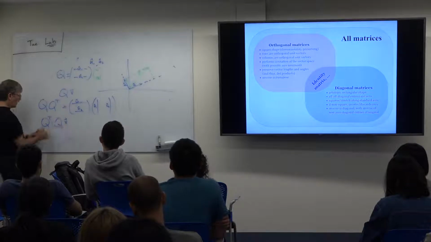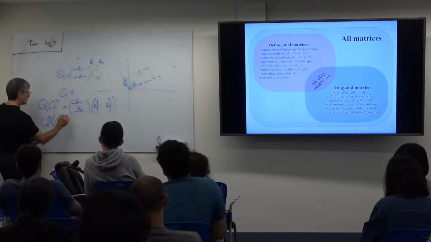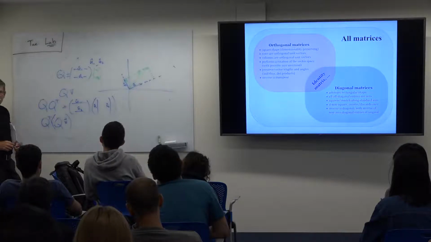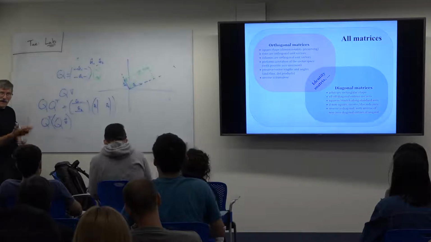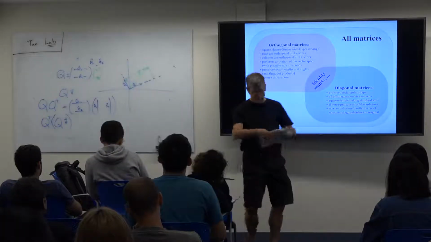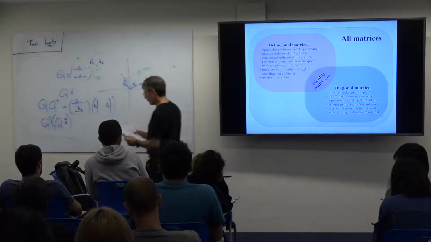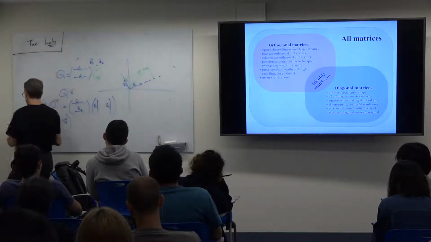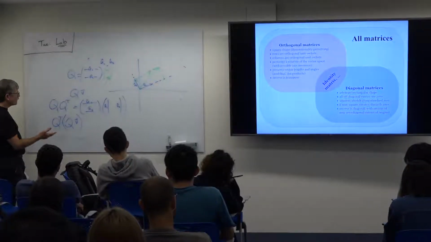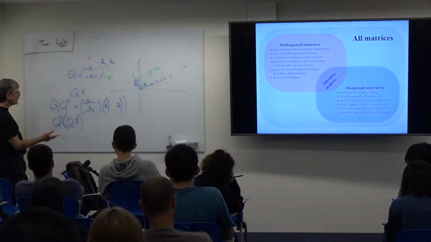Well, the first part is Q times V. That's on the board. Right? Q times V is take V and represent it in the Q coordinate system. All right. So that Q times V gives you a vector.